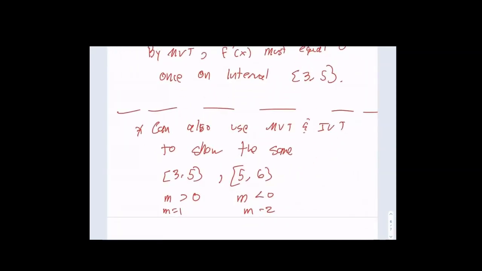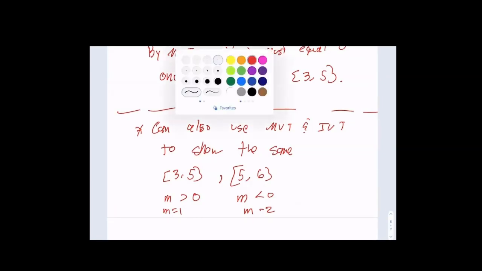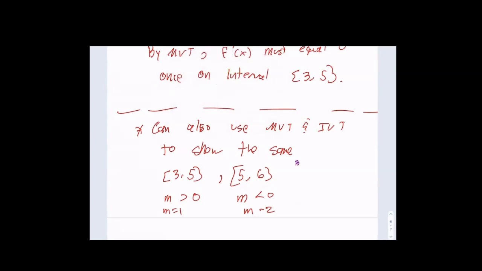So if the slopes equal 1 and -2, what that tells me is that by MVT, f prime is going to equal 1 on the interval 3 to 5, and f prime is going to equal -2 on the interval 5 to 6. So now we have slope values. I know the slope value from 3 to 5 and the slope value from 5 to 6.